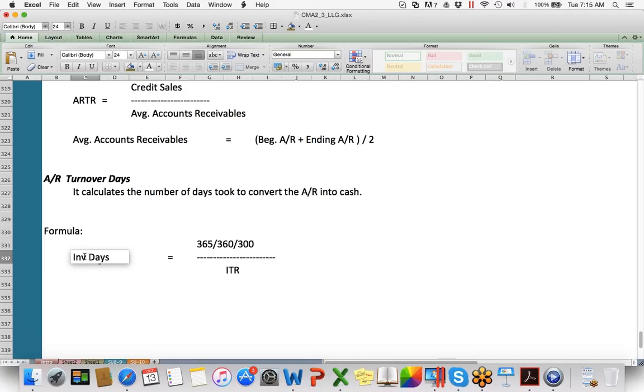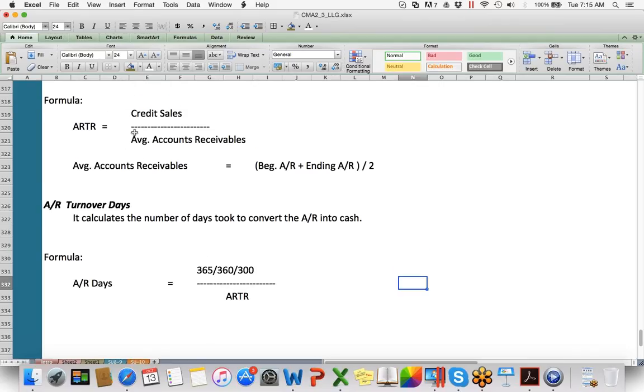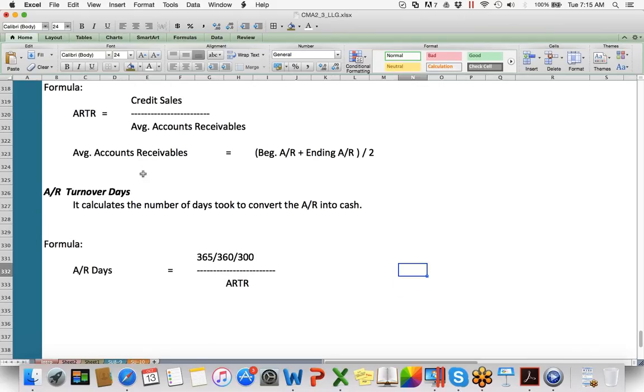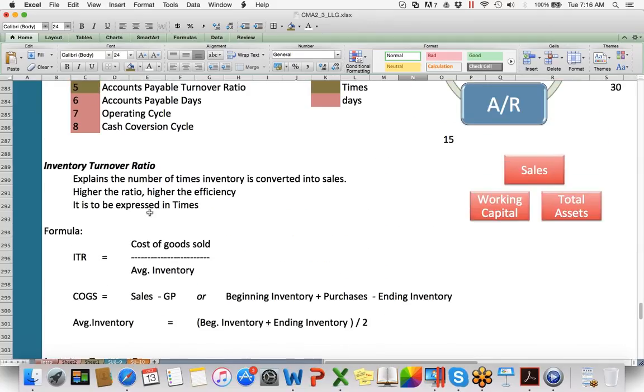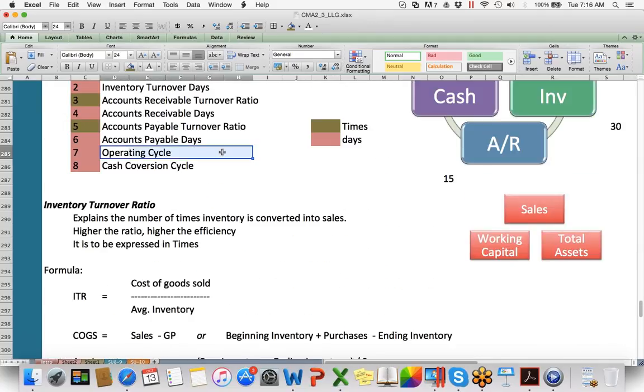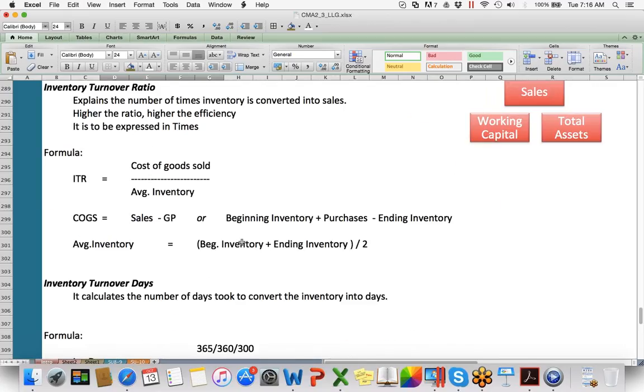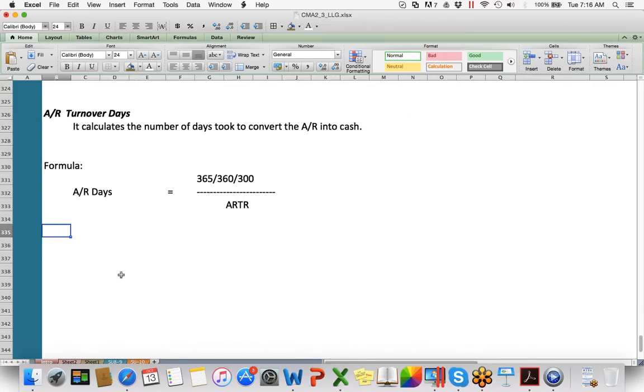So accounts receivable days equals 365, 360, 300 divided by ARTR, accounts receivable turnover ratio, which you calculated here. Okay, once you calculate these two ratios, you need to calculate operating cycle. This is the total of these two. Okay, now let us calculate operating cycle here.